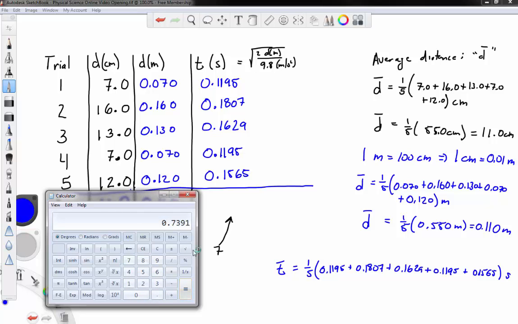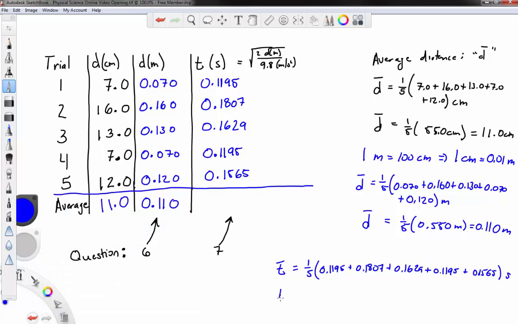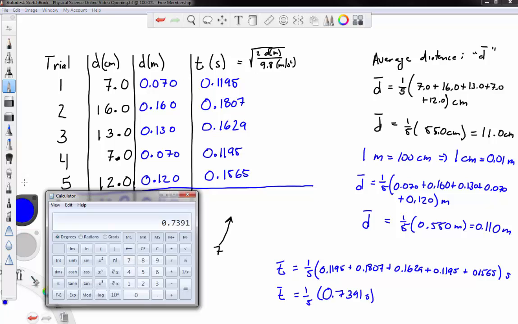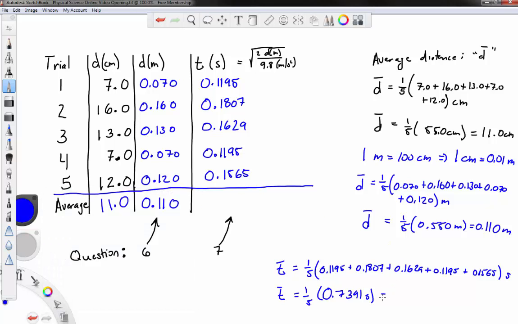So that is the total of adding all of those together. So our average time becomes 1/5 of 0.7391 seconds. Now we divide that by 5 and we get 0.14782.